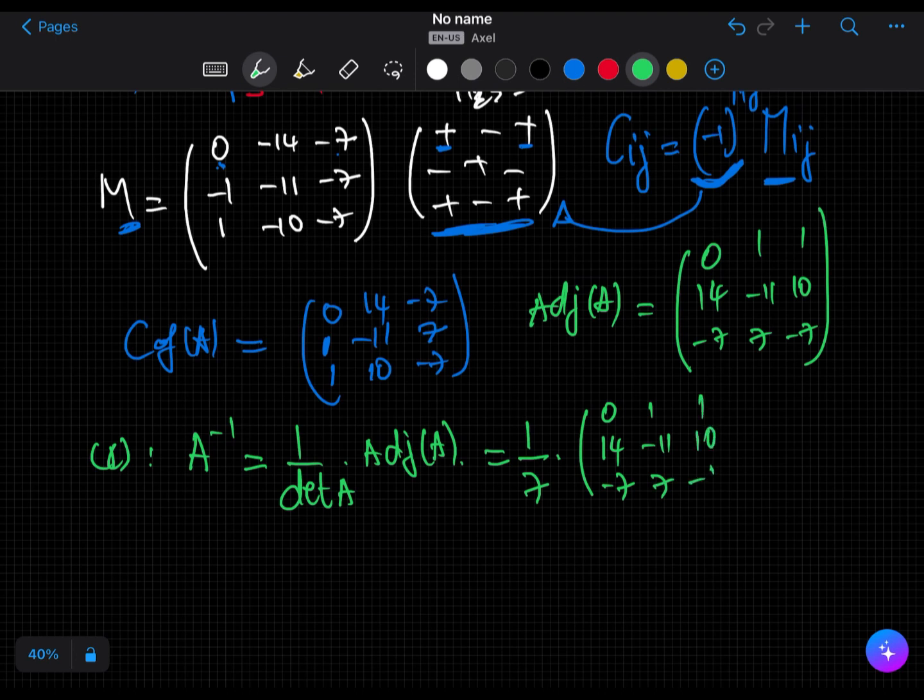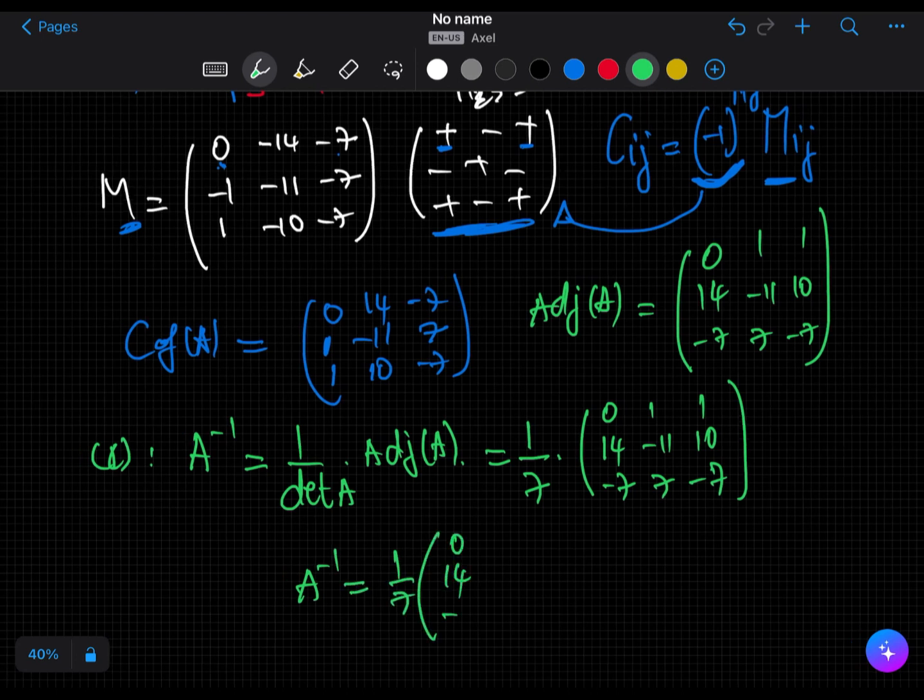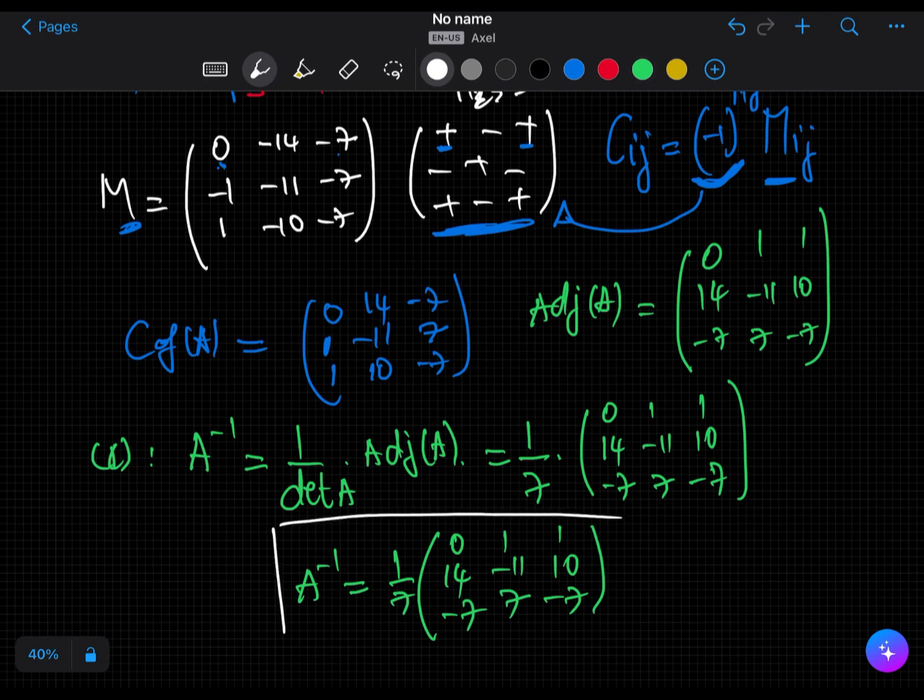Okay, so I then have that the inverse of A equals 1 over 7 times 0, 14, minus 7, 1, minus 11, 7, 1, 10, minus 7. So this is the inverse of my matrix A.